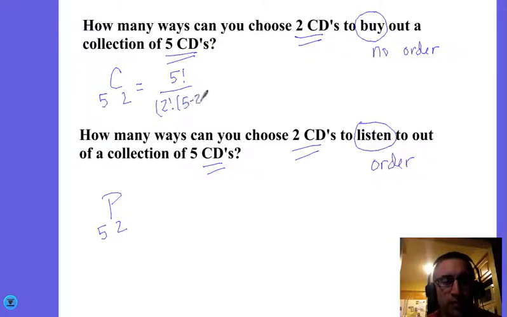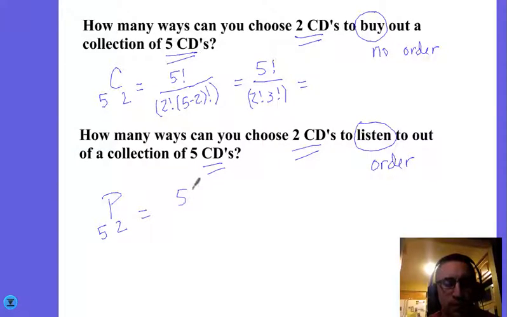The combination is 5 factorial over 2 factorial times 5 minus 2 factorial, which is 5 factorial over 2 factorial times 3 factorial. Make sure you use parentheses. The permutation formula is 5 factorial over 5 minus 2 factorial, which is 5 factorial over 3 factorial.